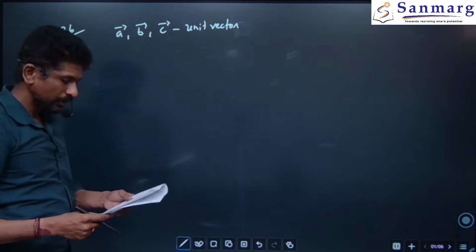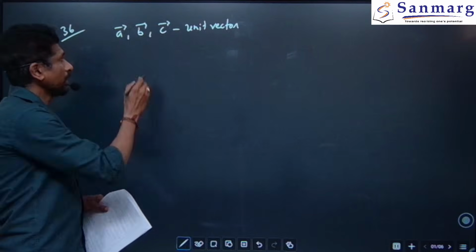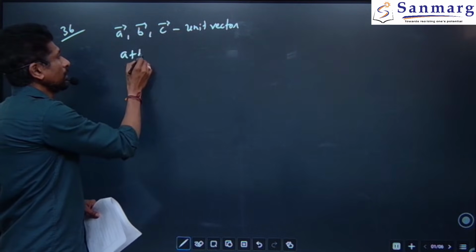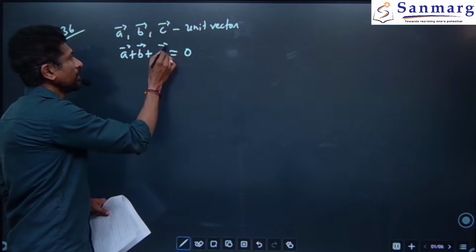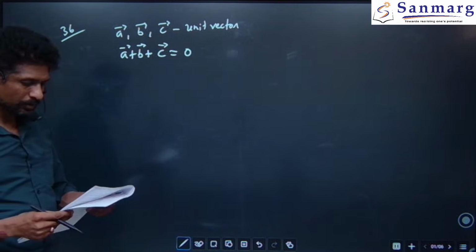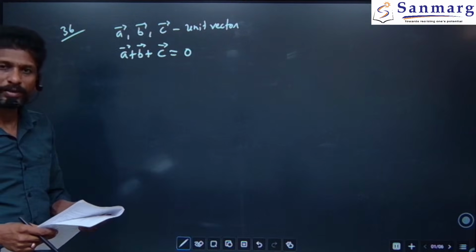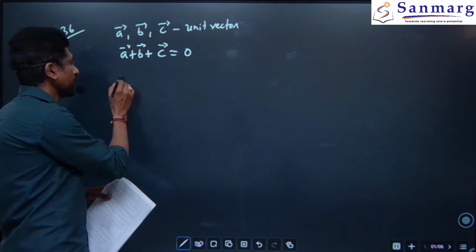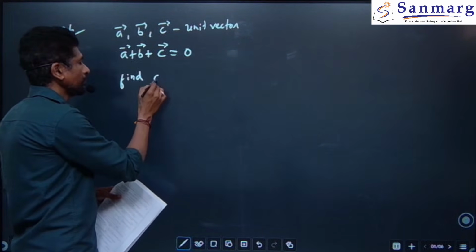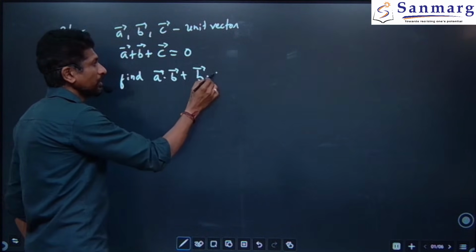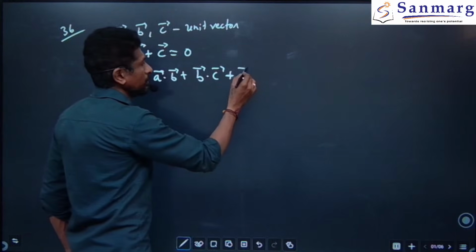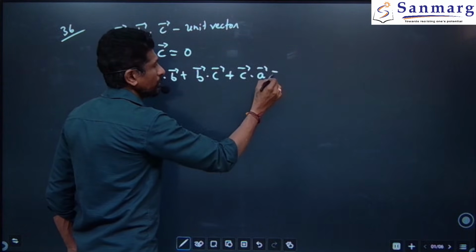They are also given another statement: the sum of the three vectors, A plus B plus C, is 0. They are asking you to find the value of A dot B plus B dot C plus C dot A.